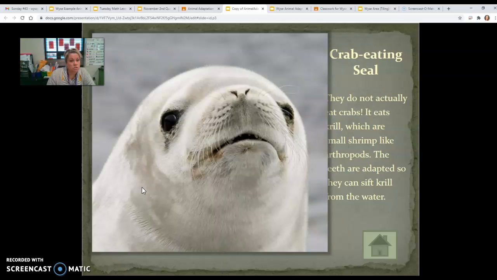And it says they don't actually eat crabs. It eats krill, which are small shrimp. Their teeth are adapted so they can sift, kind of like a strainer, the krill from the water. So when they open their mouth, the krill can come in, but all other items stay out. So it's kind of like a little strainer.